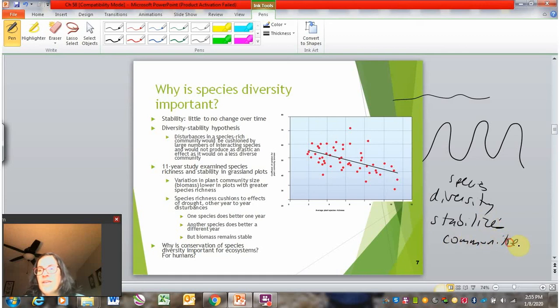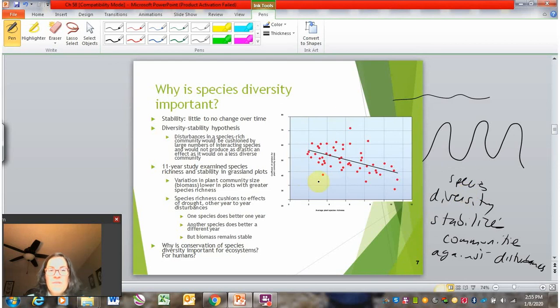And again, this is in the face of disturbances. So what's a disturbance? This can be things like floods, droughts, human disturbances. The impact of these disturbances can be minimized by species diversity.